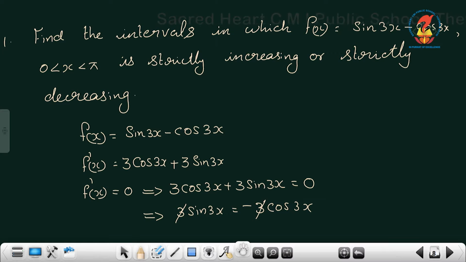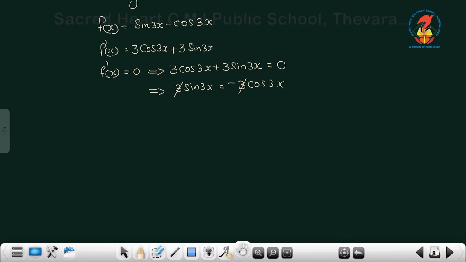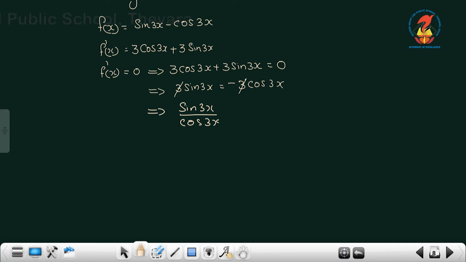Cos 3x, take to the left hand side. So which implies sin 3x by cos 3x is equal to minus 1. That means tan 3x is minus 1. So 3x means tan inverse minus 1.